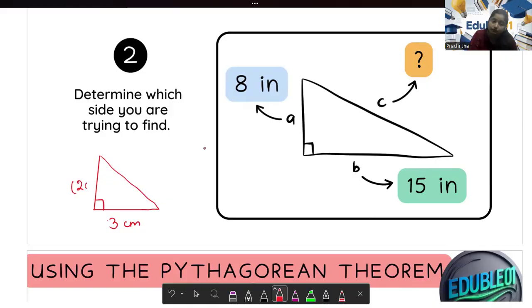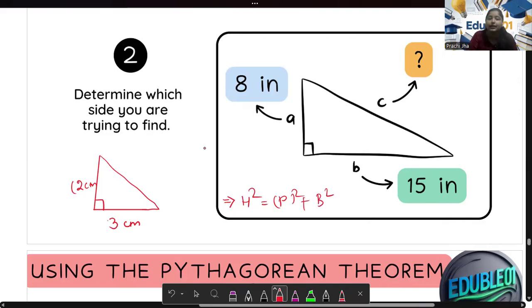Okay, now how do we find the hypotenuse? To find the hypotenuse, we actually go with the theorem, that is h square is given by p square plus b square. Now we know that we have to find the hypotenuse, right?